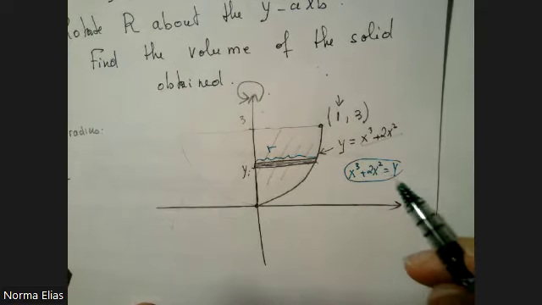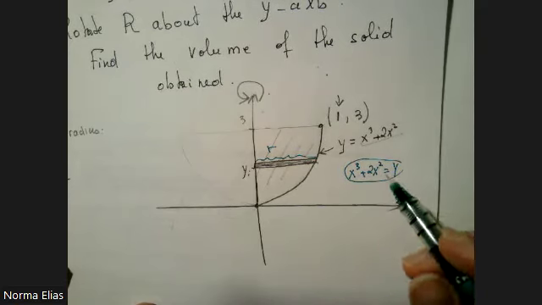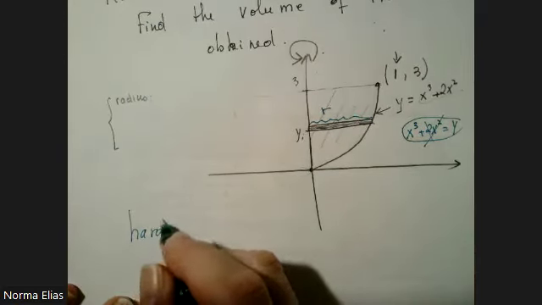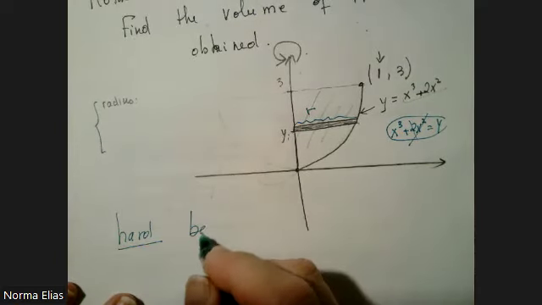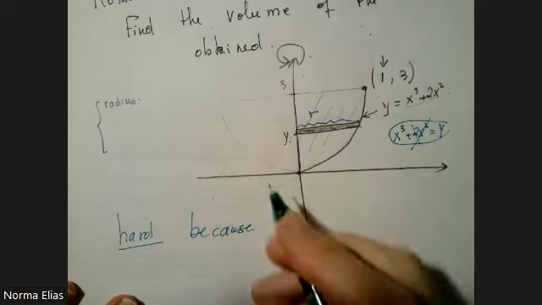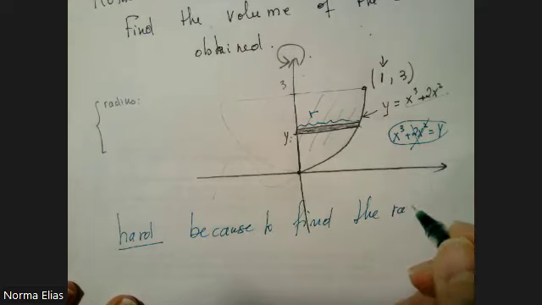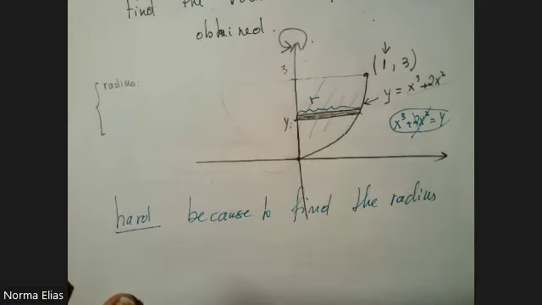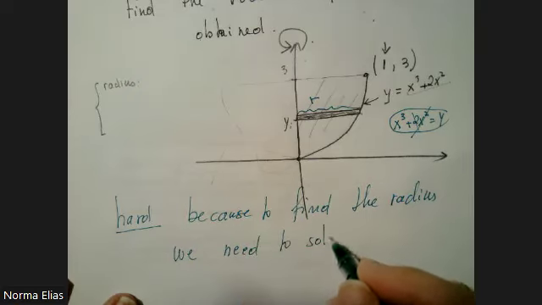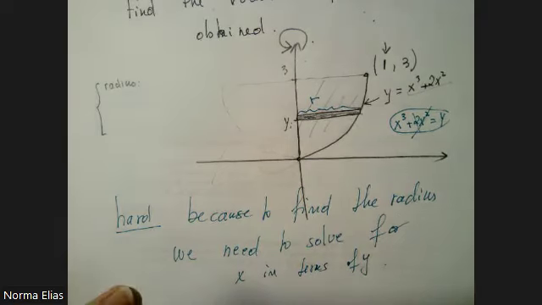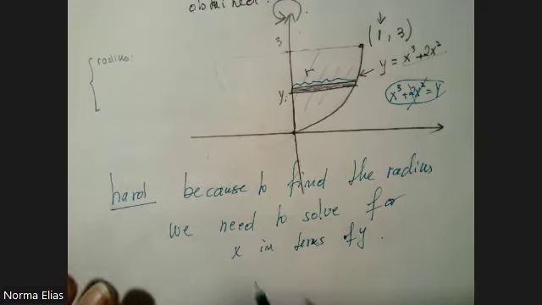And as you know, this is hard. This is a cubic function. We don't know how to solve for x. So what is the issue here? This is hard because to find the radius, we need to solve for x in terms of y, which is almost impossible in this case.